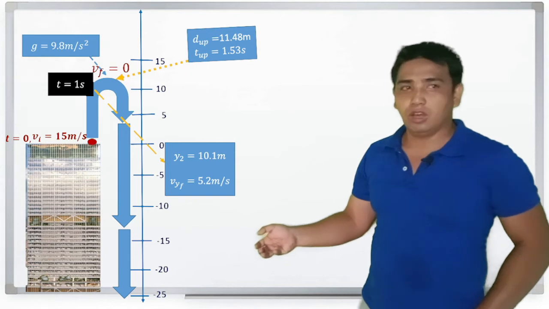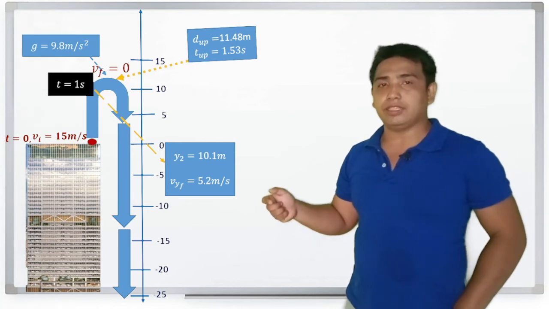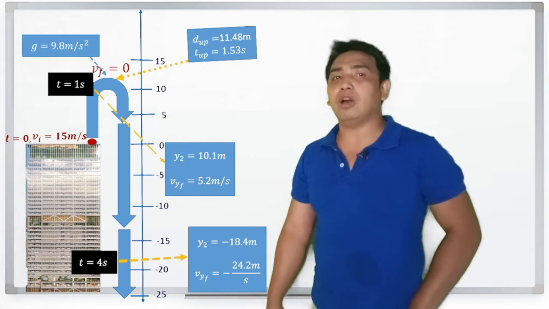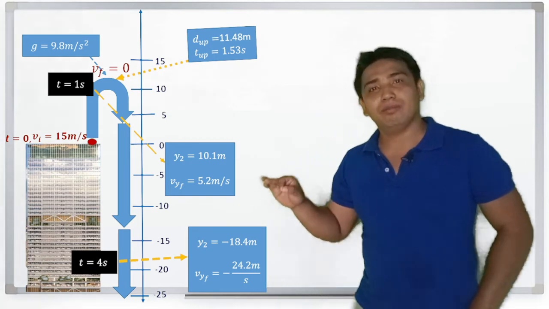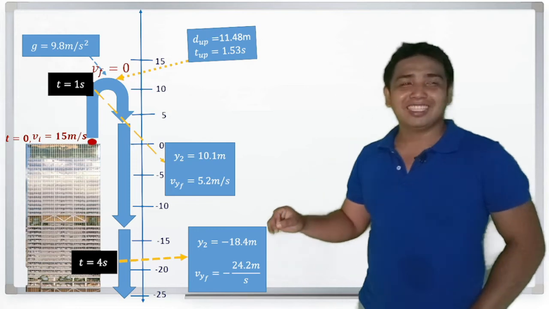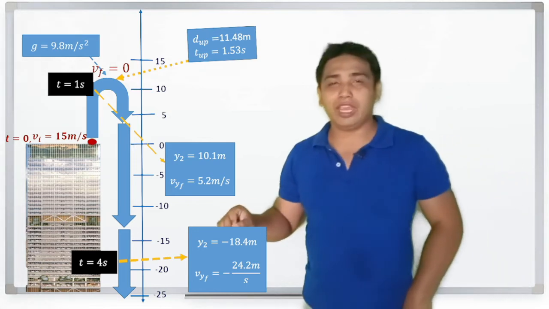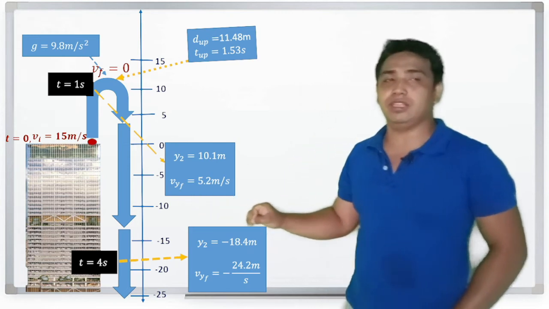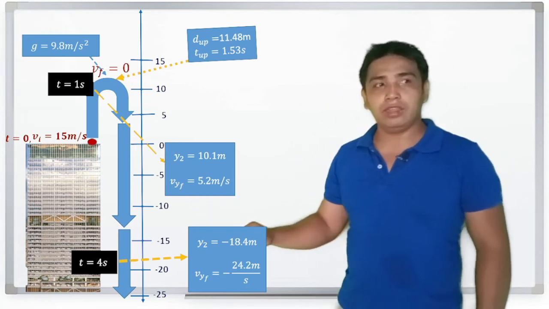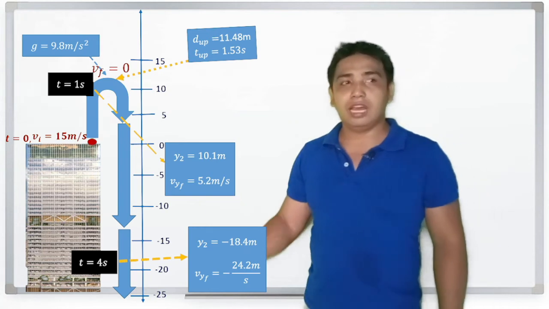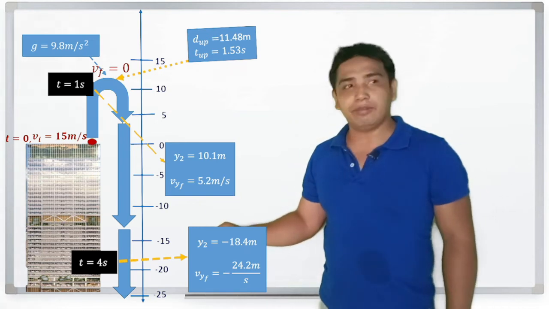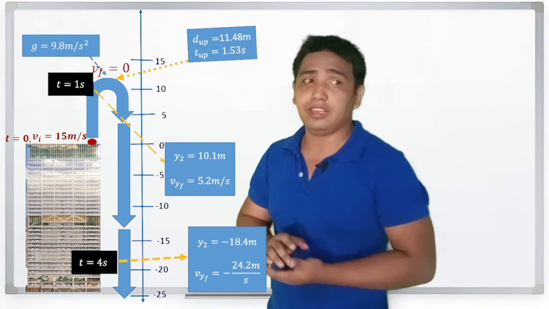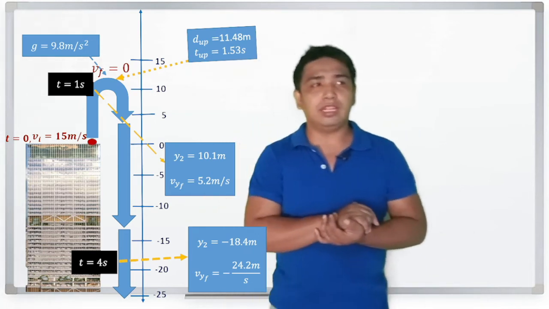After 4 seconds, the ball is still on its downward flight, and you were able to find that it is 18 meters away from you, and the velocity is directed downward, and it has a value of negative 24.2 meters per second. So that concludes our topic.